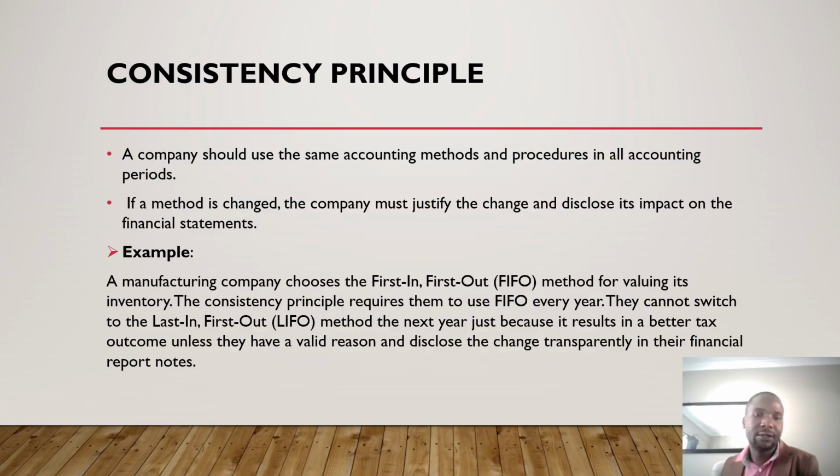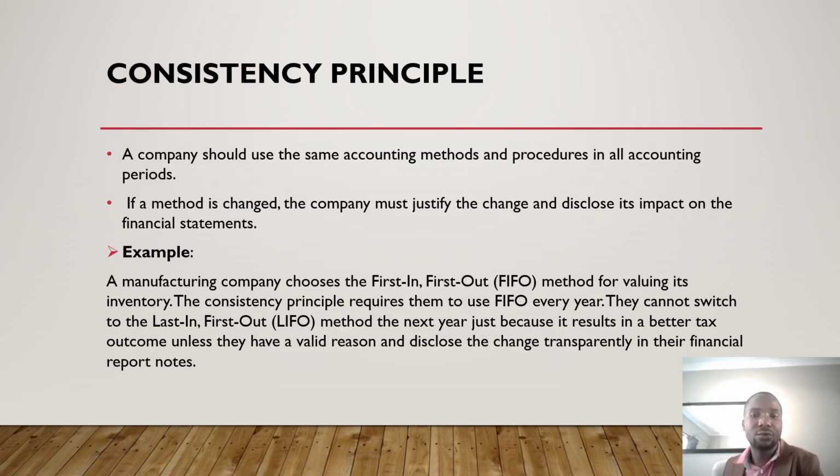A manufacturing company chooses the first in, first out, or FIFO, method for valuing its inventory. You come across these things when you look at cost accounting. So the consistency principle requires them to use FIFO every year without changing. They cannot switch to the last in, first out, LIFO, method the next year just because it results in a better tax outcome, unless they have a valid reason, and they have to disclose that reason.